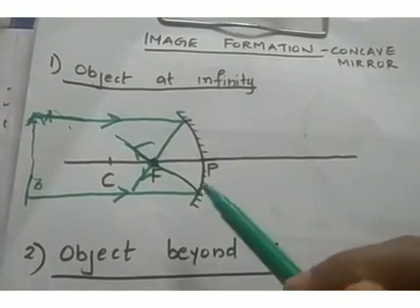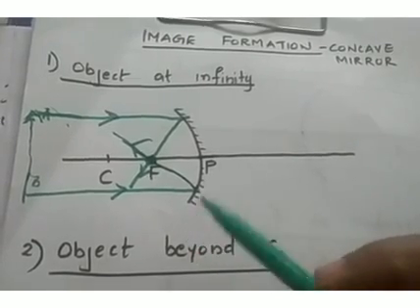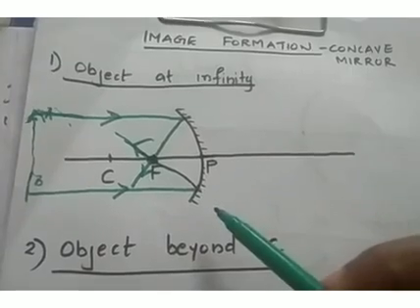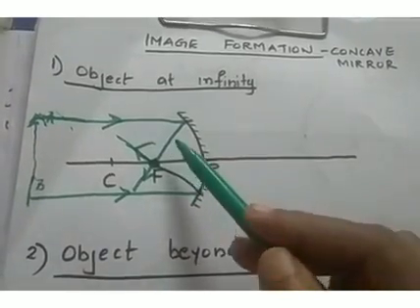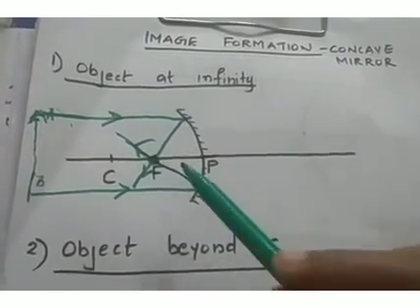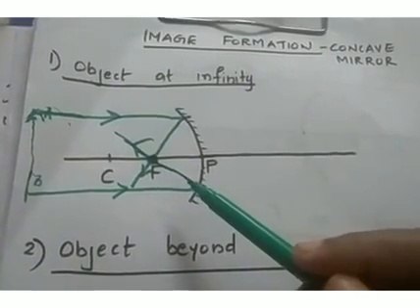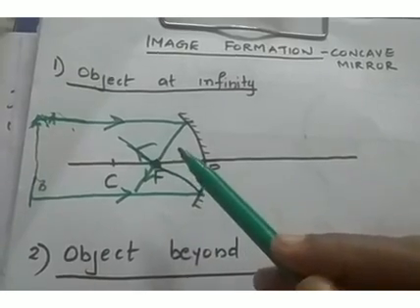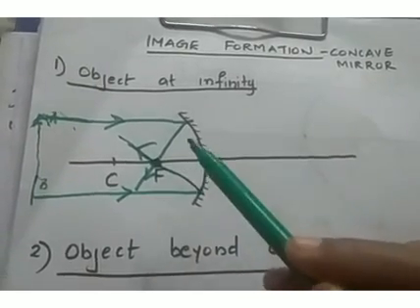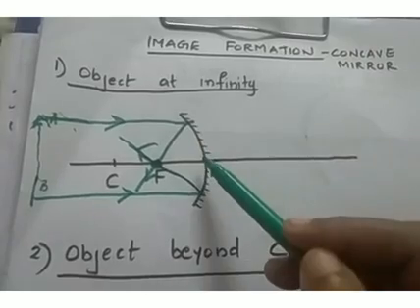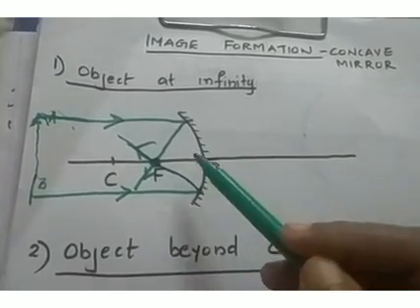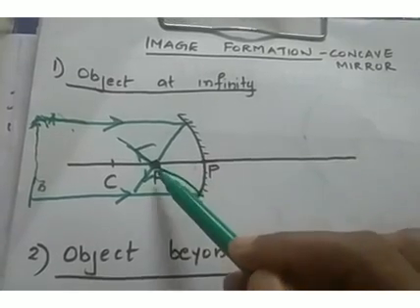Is it a real image or virtual image, my dear children? It will be a real image. Why? Because the reflected rays actually meet at the point F. So you will get a real image, and whenever image is real it will be an inverted one. So you will get a real inverted image at which position?